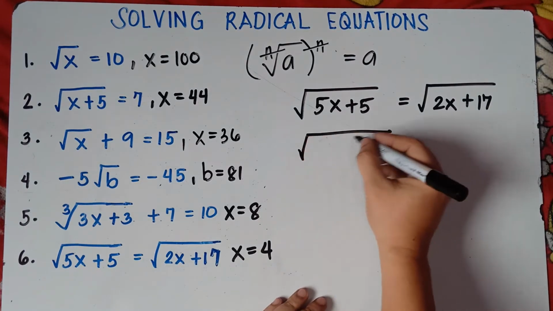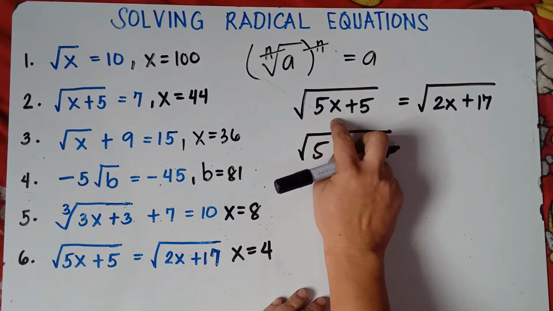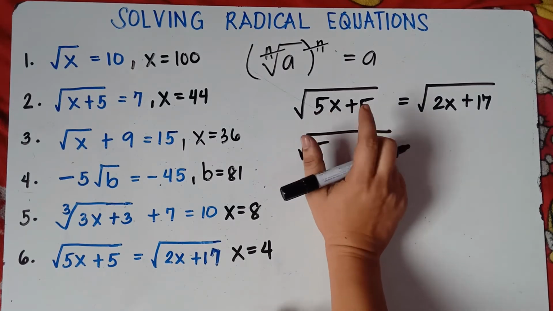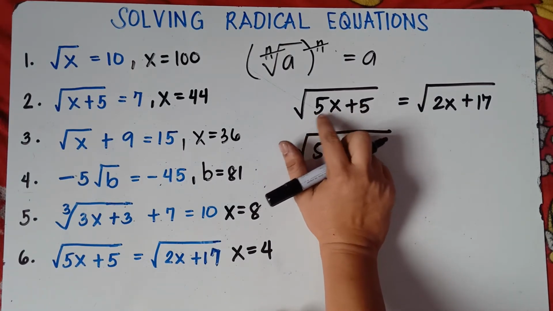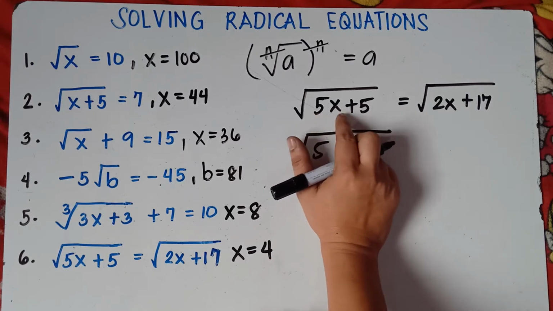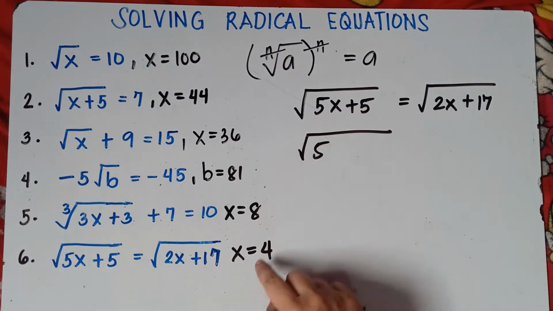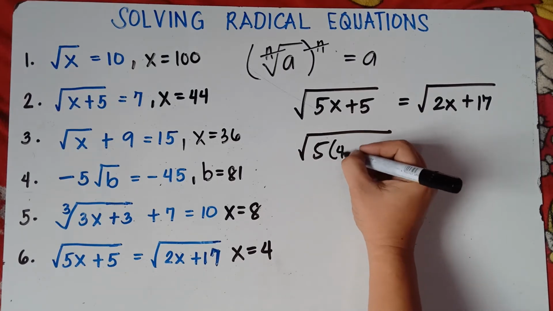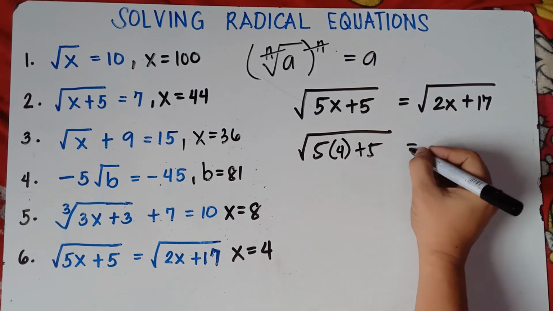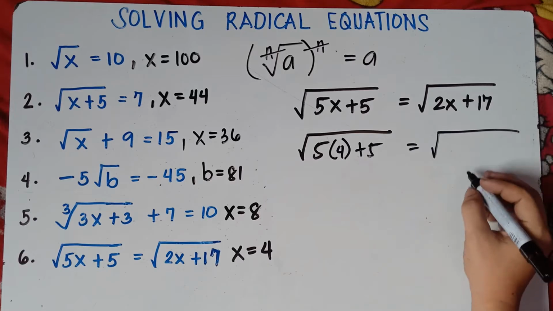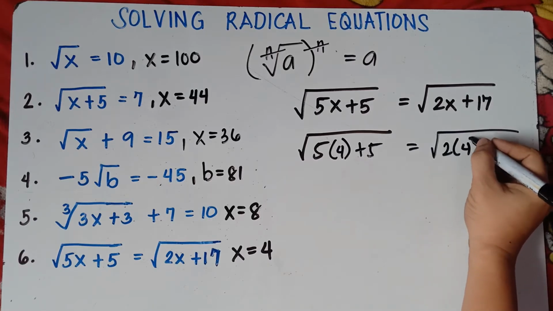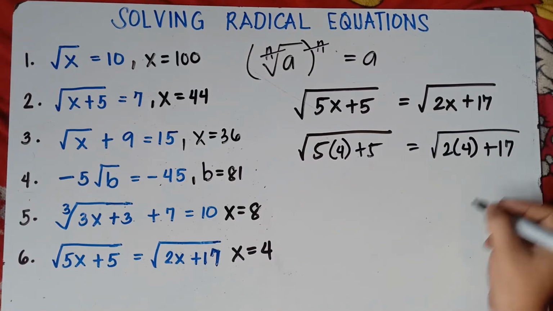So 5x means multiplication, class. If you have a number together with a variable close to each other, it means multiplication. So 5x is just the same as 5 times x. And our x is 4, so this will be 5 times 4 plus 5 equals the square root of 2 times 4 plus 17.